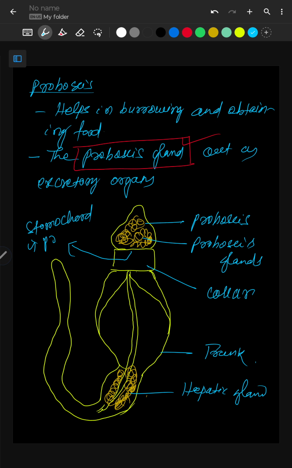The stomochord is present, where? In the collar region. So let me write down: stomochord is present in the collar region.